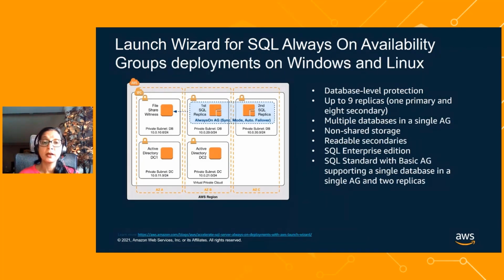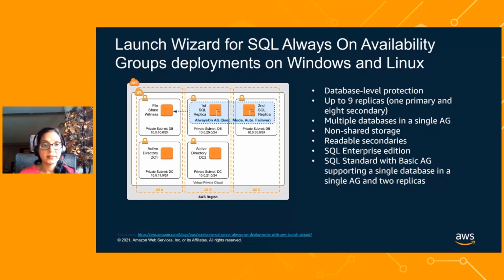AWS Launch Wizard walks you through an end-to-end deployment experience of an Always On availability group using prescriptive guidance. By answering a few high-level questions about the application, such as required performance characteristics, the wizard will take care of identifying, provisioning, and configuring matching AWS resources such as Amazon EC2 instances, EBS volumes, and VPC.